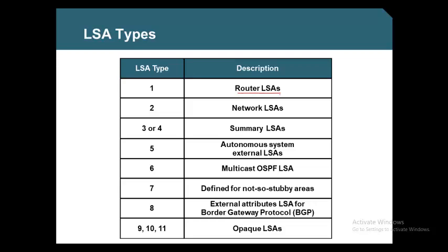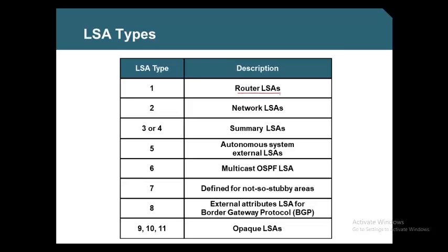Did you find the difference between these two? Network LSA comes from only the DR. Type 1 LSA comes from every single router. That's one main point. Other things are similar. Router LSA is local to the area. It won't go to another area. Likewise, network LSA will also be flooded only within the area, and will not go to another area.